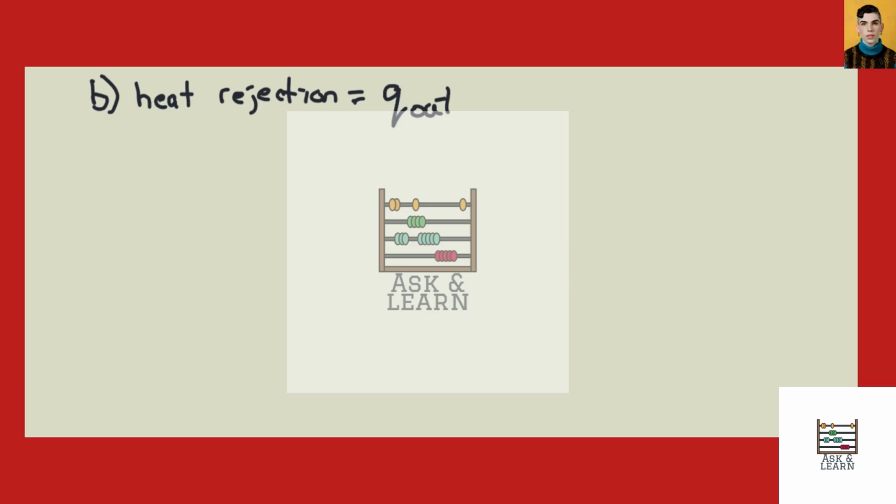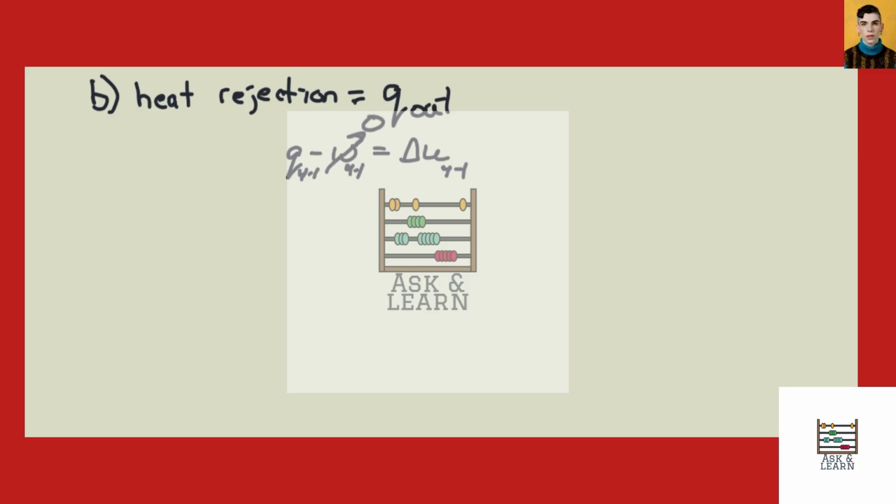So we can use a simplified version of the equation where the heat minus the work is equal to the change in internal energy. We're assuming this is process 4-1. Well, this is a constant volume process, so the work is 0.